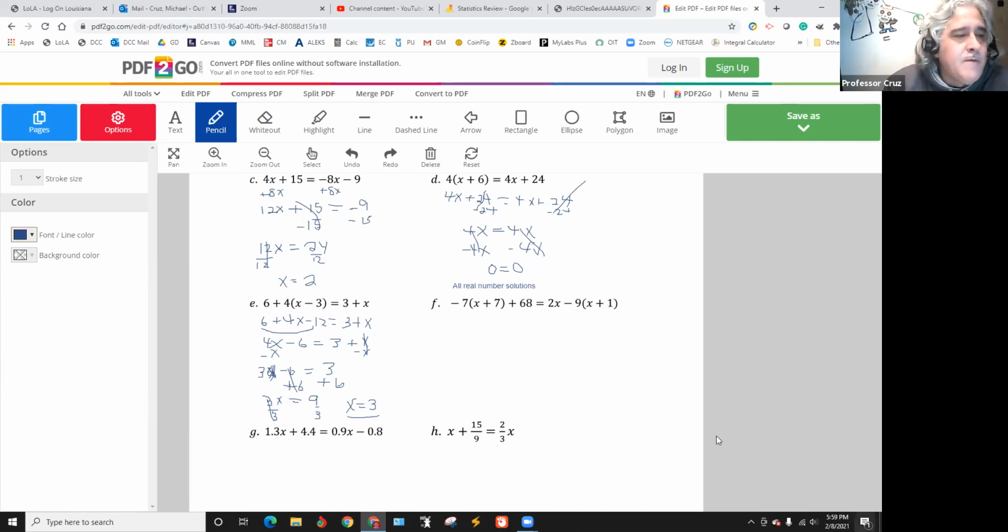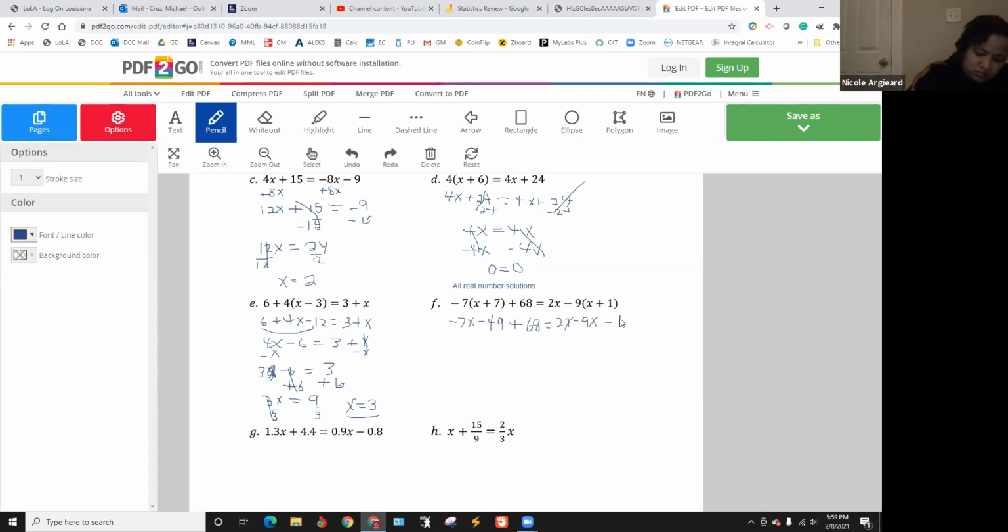All right, what about f? I got x equals 2. Let's put some of these things together. Here, there's just numbers that need to be put together.